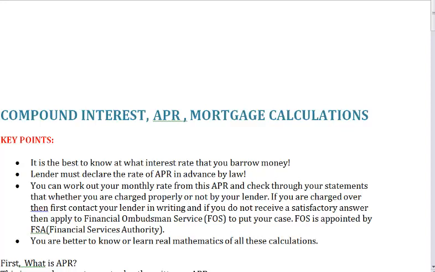It's best to know what interest rate you are borrowing the money at, because this is the annual interest rate, which is APR. Every company must declare it by law, and you must sign for it.